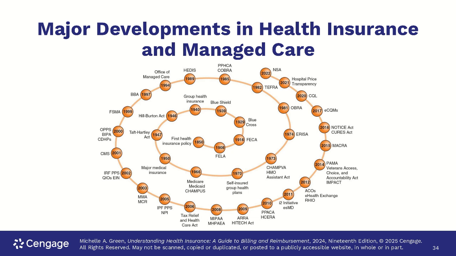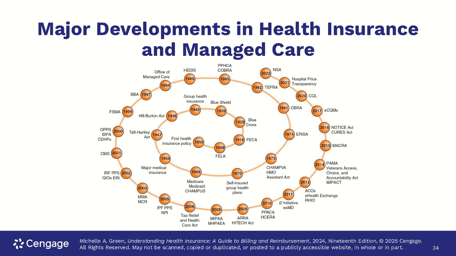All right, so major developments in healthcare. At first glance, when you look at this diagram, you're like, whoa. Well, luckily, in the textbook, there's actually a very long table, in addition to this diagram being in there. But if you look in the middle of the circle where this history begins, in 1850 is when we had the first health insurance policy.